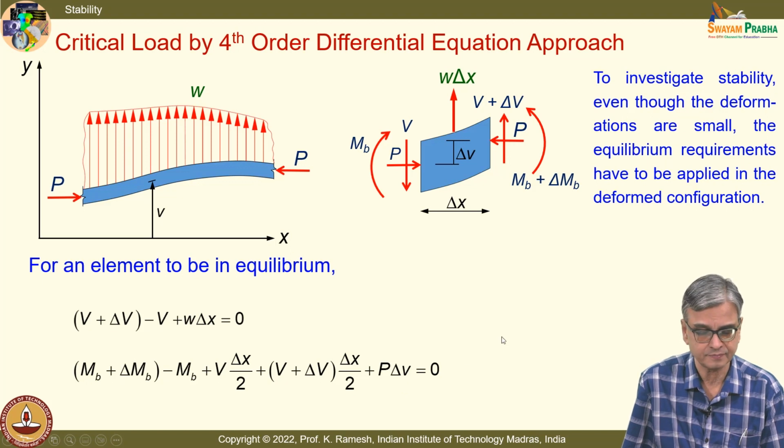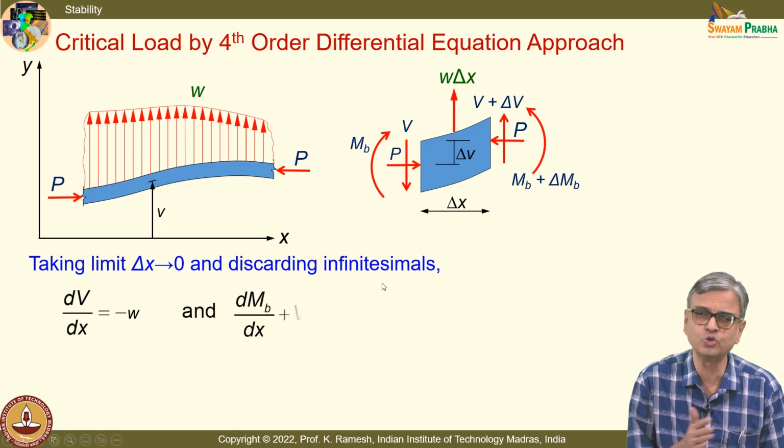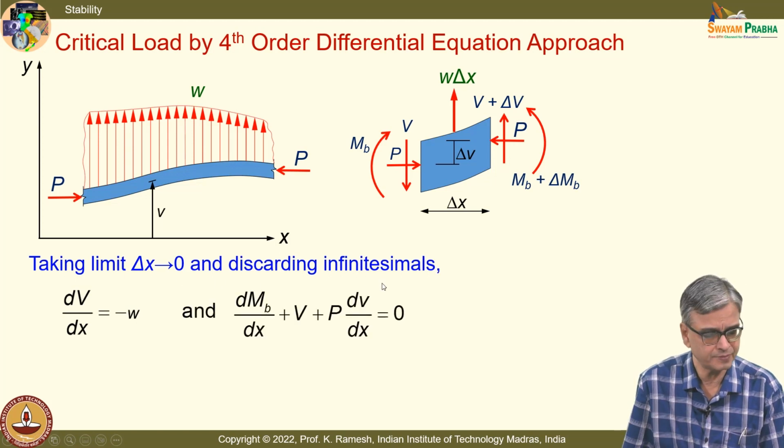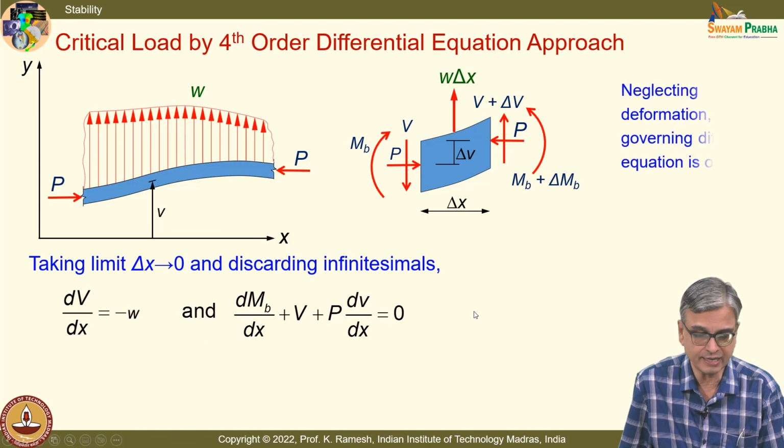Okay. Taking the limit delta x goes to 0 and discarding infinitesimals, that is a usual approximation we do. And we also know the interrelationship dV by dx equal to minus W, and using all that we have dM_b by dx plus V plus P dv by dx equal to 0. That is what I got from the earlier expression.